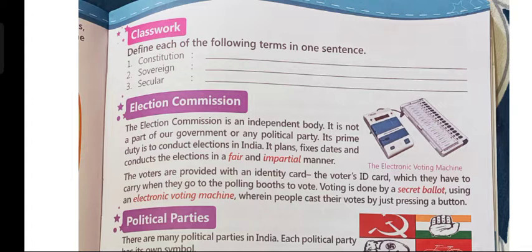So this is how EVM looks like. So you have symbols of different political parties on this machine, and whoever you like, you can give your vote to them by just pressing the button on the side. So this is how the electronic voting machine works.